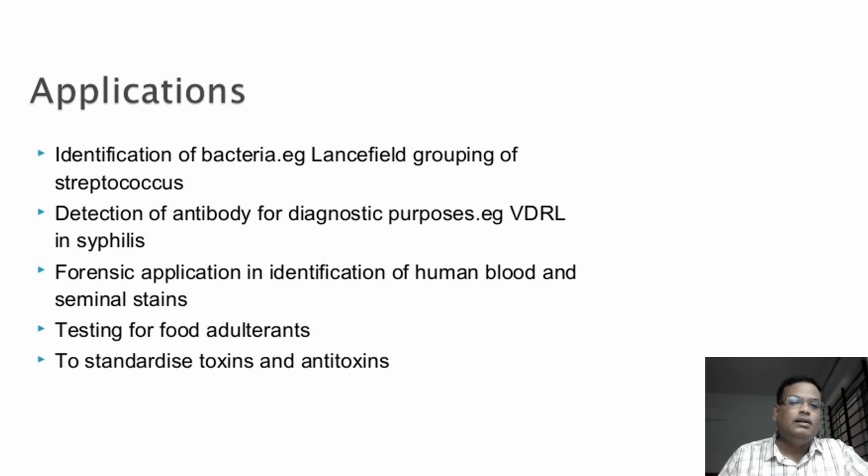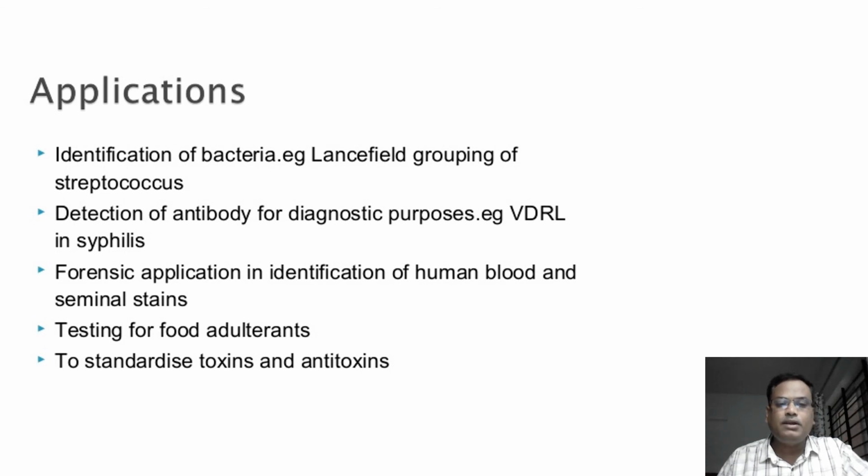For example, application of bacteria, for example, Lancefield grouping of streptococcus. The antigen-antibody reaction process is used in detection of the infection, whether the person is infected with a particular antigen, particular bacteria or not. You can identify using this agglutination reaction or the precipitation reaction.